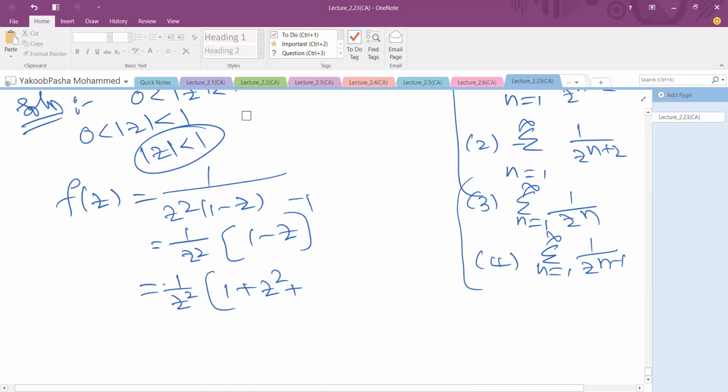Sorry, you can take a reciprocal here. 1 by mod z is greater than 1. Sorry. What will we get? Z square into 1 minus.